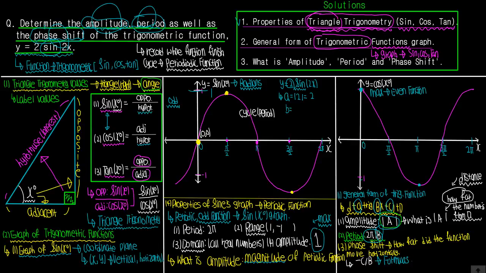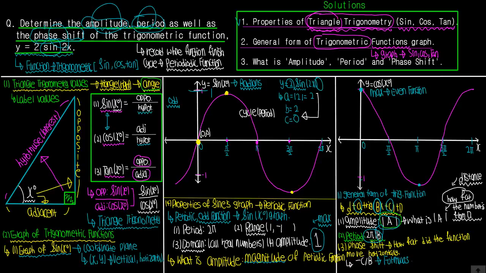The b value was the thing in front of our x value. It is 2. And now let's think about the c value. There is no c value after the x value, so our c value is just 0.